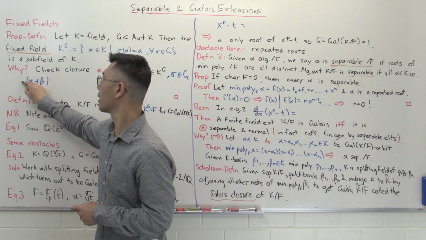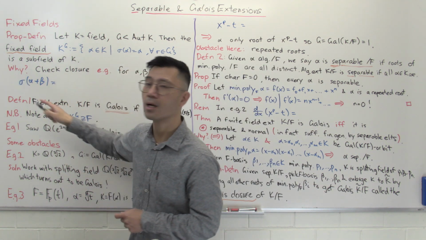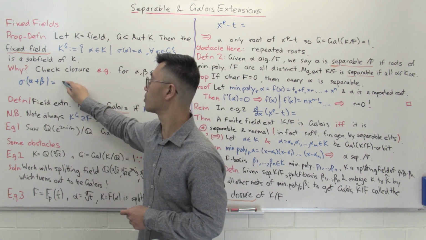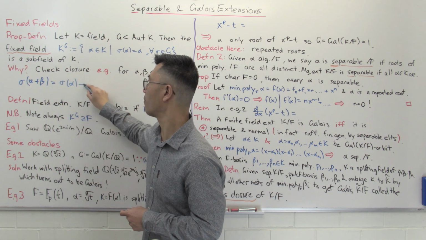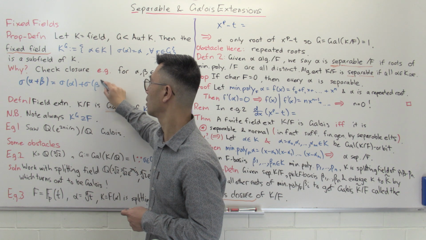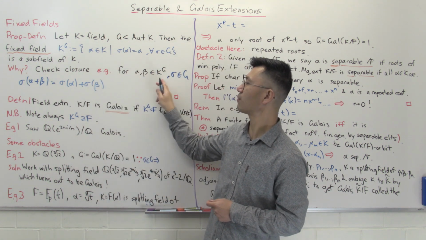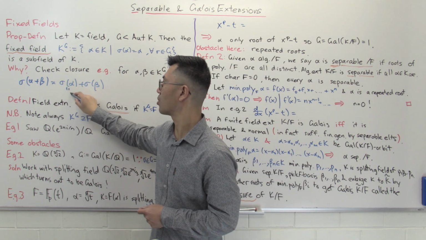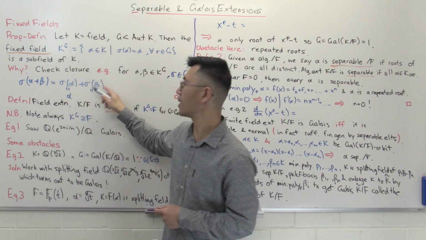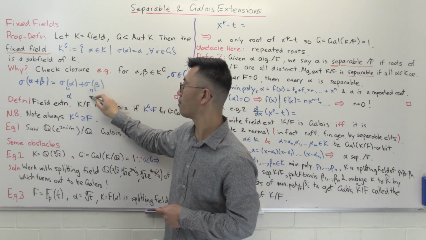Let this sigma act on that. This is a field automorphism, so it preserves sums. So that's sigma of alpha plus sigma of beta. And remember, alpha is inside the fixed field, so this is just equal to alpha. And similarly, beta is inside the fixed field, so sigma does not move beta.